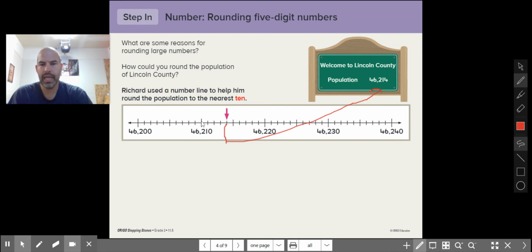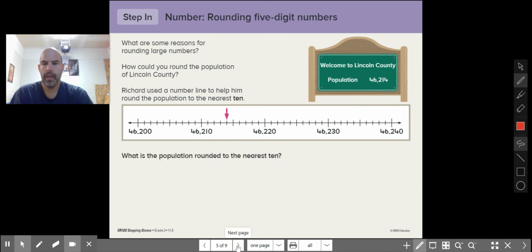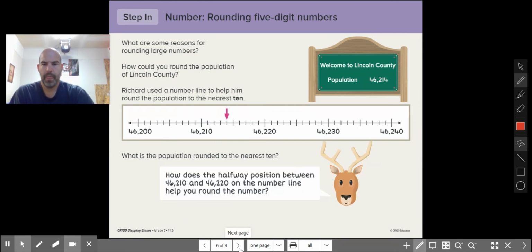And we can see that if we look at this segment up to this segment, we're going to round it down to this number, 46,210, right? And now let's take a look here. It says, what is the population rounded to the nearest 10? And we just did that answer, which was 46,210.